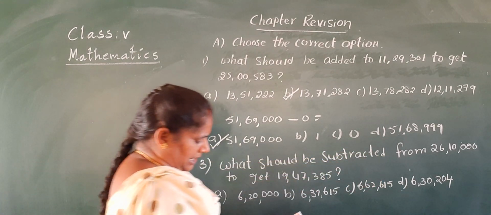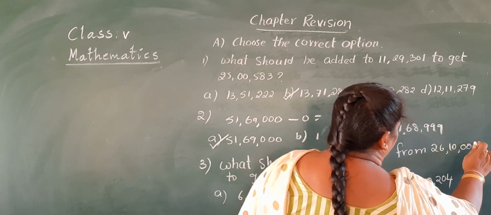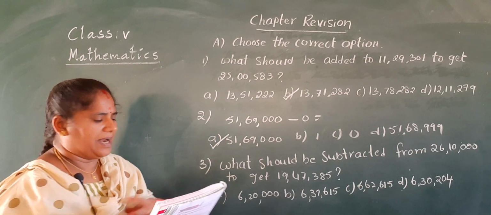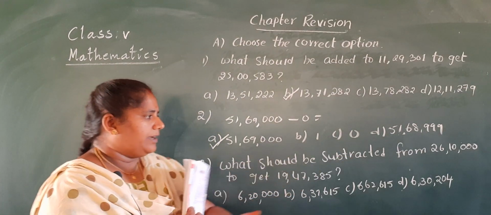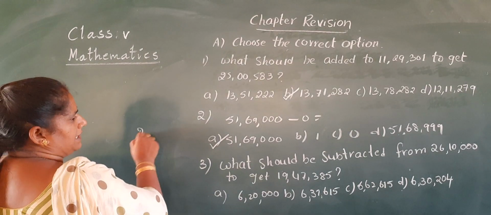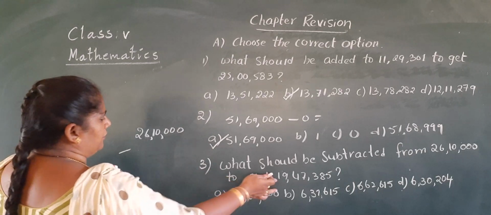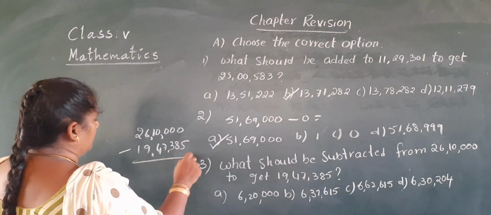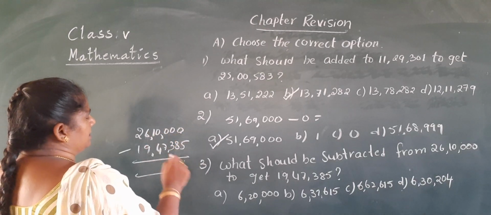That is 10,000. 26 lakh 10,000 is not 6. Okay? So what should be subtracted from that number to get this number? Now see, 26 lakh 10,000 minus 19 lakh 47,385, then we can get the answer. This is 0, so take borrow from this 1.